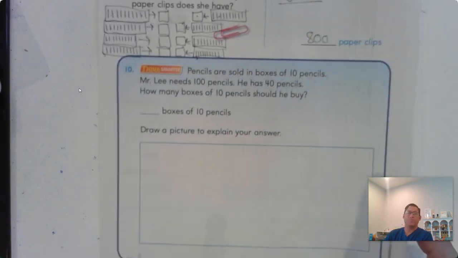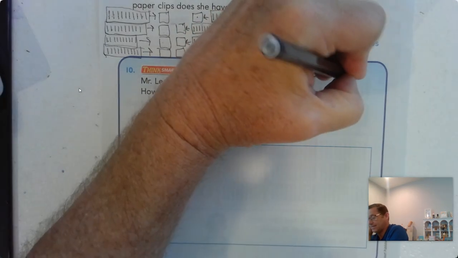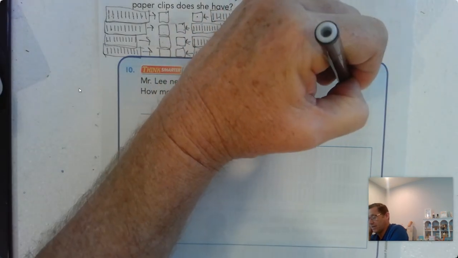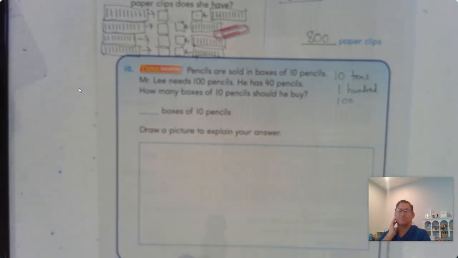All right, number 10. Pencils are sold in boxes of 10 pencils. Mr. Lee needs 100 pencils. He has 40 pencils. How many boxes of 10 pencils should he buy? So we know that 10 tens is the same as 100, right?